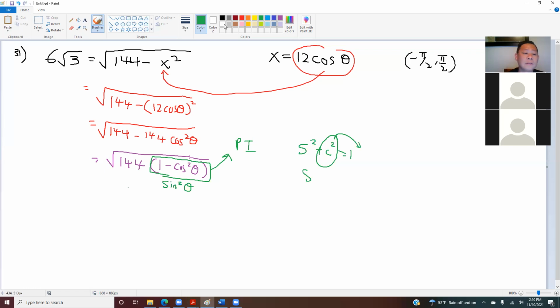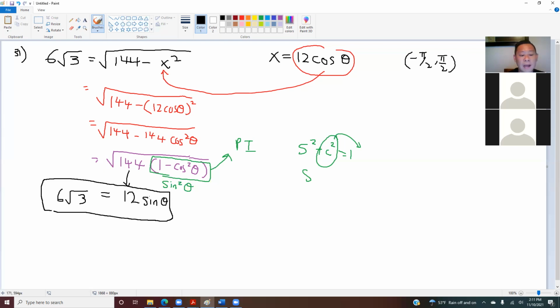Now since we have the square root, 144 is the perfect square of 12, and sine squared theta is the perfect square of sine theta. So in this case, your answer will be 12 sine theta.